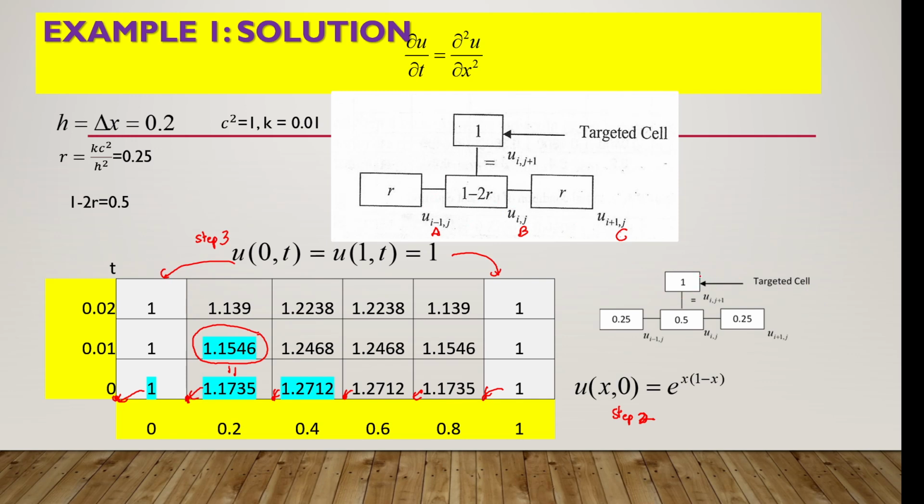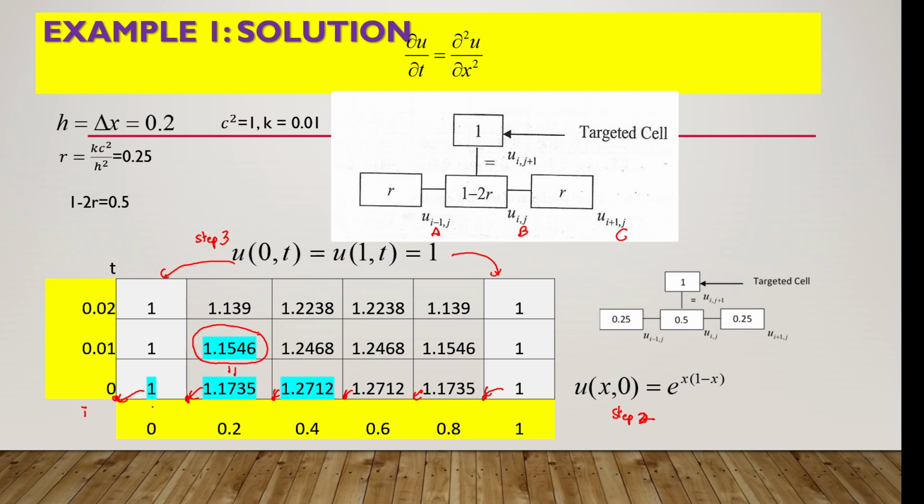And then you observe this molecule. You apply the molecule here. You want to find this one, the targeted top cell that you want to find, is equal to 0.25 times, okay, the traditional way is you need to write a lot.